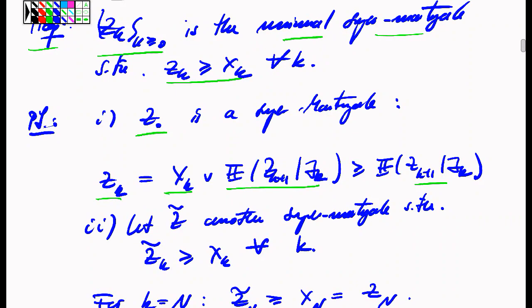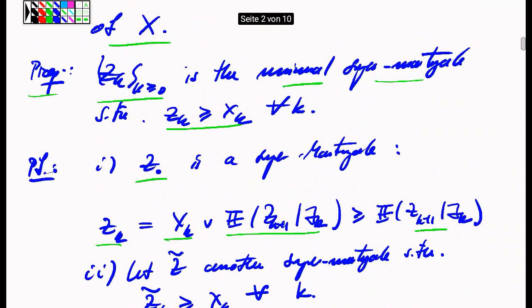So this max is greater or equal than the conditional expectation, which is one of the two pieces which enters the max. But we already see that this yields the supermartingale property. So the Z process is a process which is decreasing in its trend. It has a decreasing conditional expectation, or a decreasing dynamics on average. That's how we would think of it.